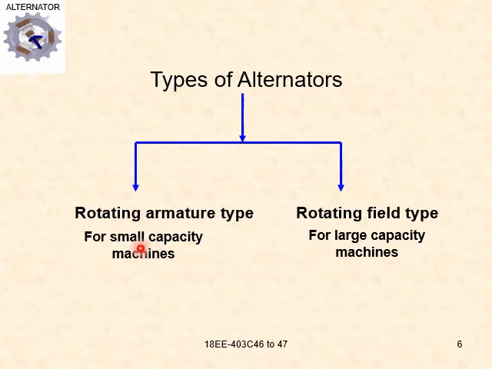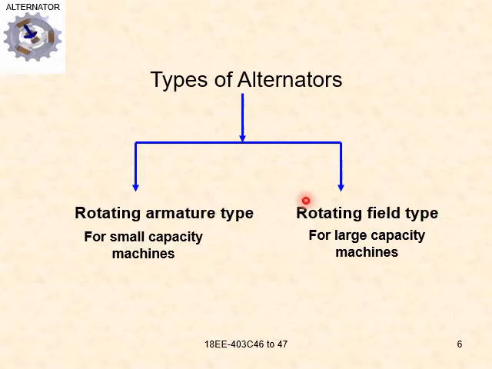So for a DC machine, it is a rotating armature type. It produces a very small amount of EMF, whereas to get a huge EMF and huge capacities, there will be a rotating field type. You can see over here that it is for large capacity machines.